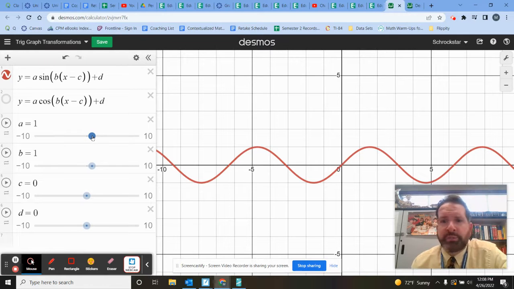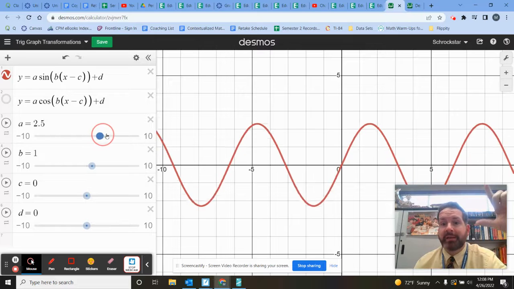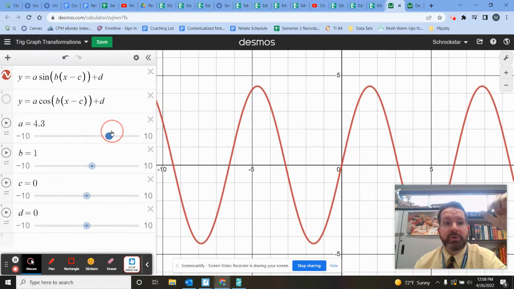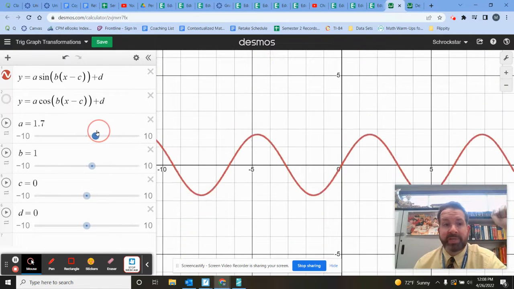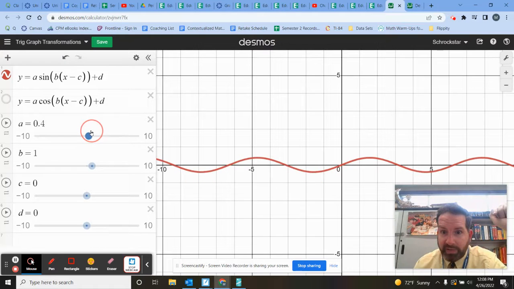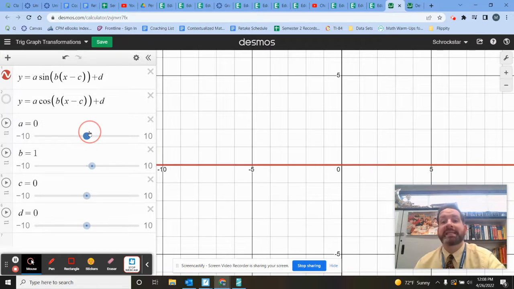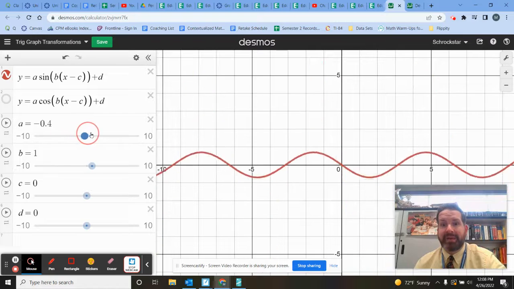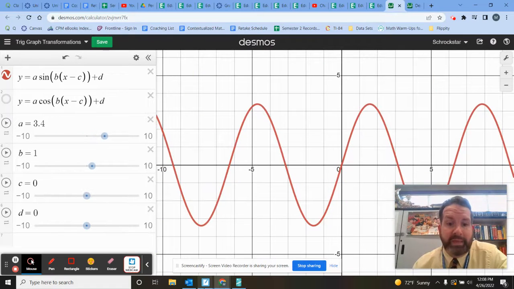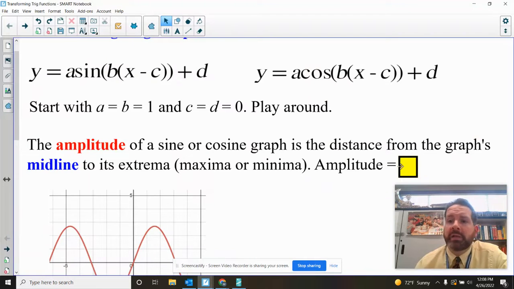I hope without too much trouble I can convince you the only one that affects that is your A. You can make your graph be very tall and stretched out. You can make your graph be very compressed and short by dealing with that A value. So there it is. That's what A does.